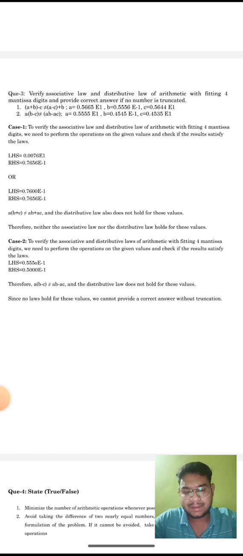A into b plus c is not equal to ab plus ac, and the distributive law also does not hold for these values. Therefore, neither the associative law nor the distributive law holds for these values.